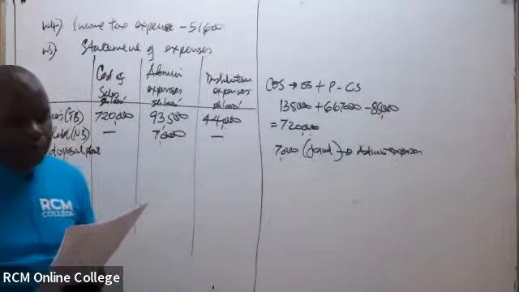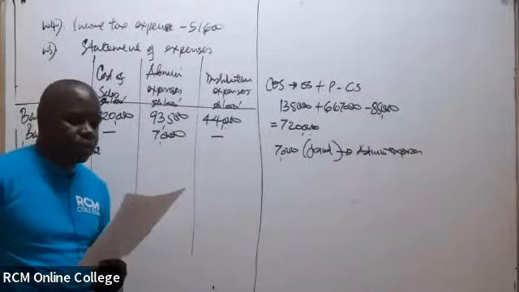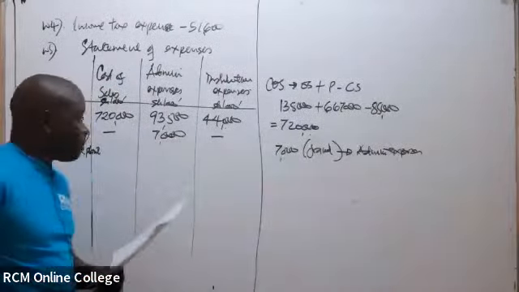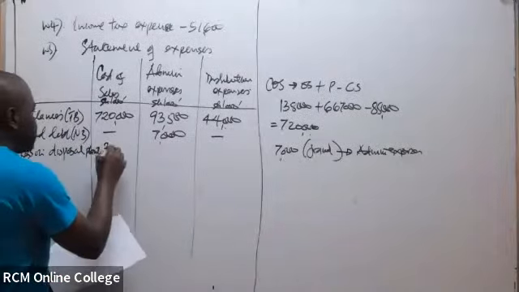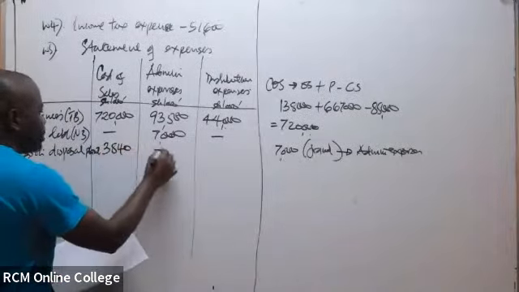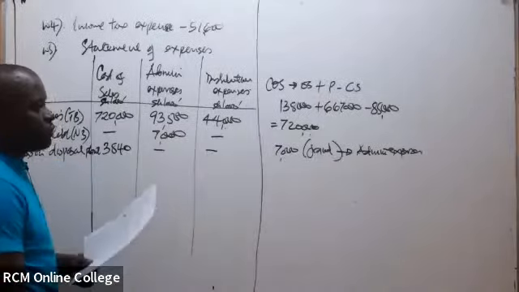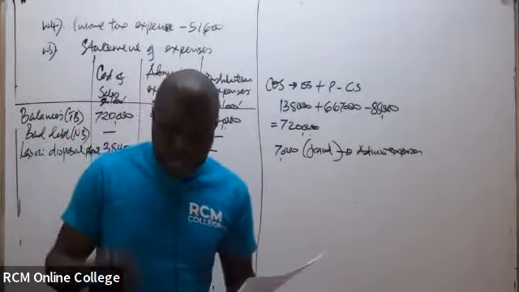So any gain or loss on disposal of plant should be included within the cost of sales. It was an amount of 38.50. So we'll allocate it under cost of sales.